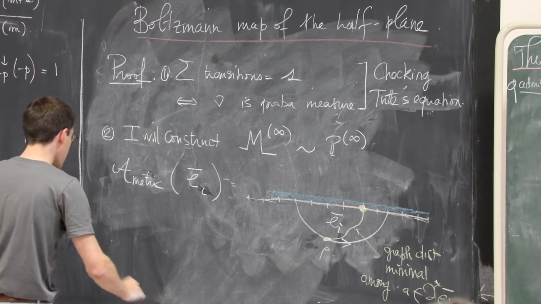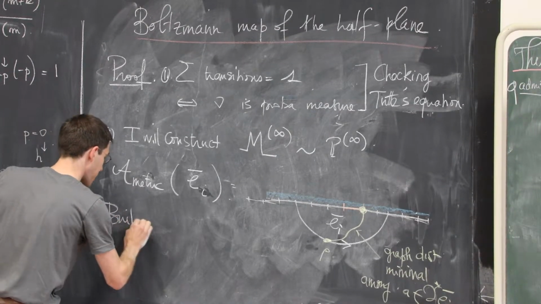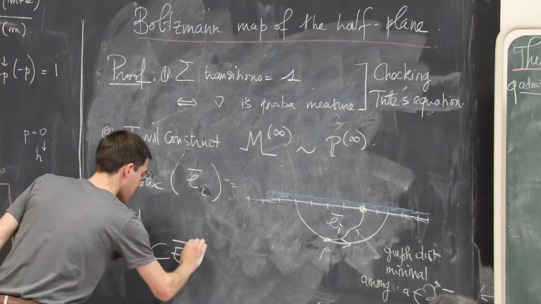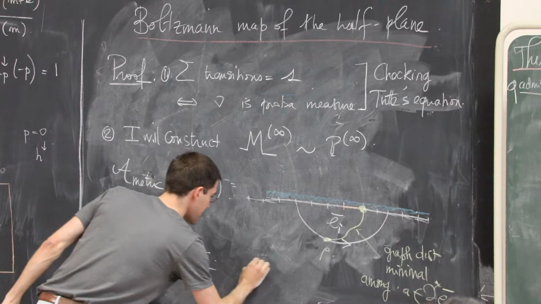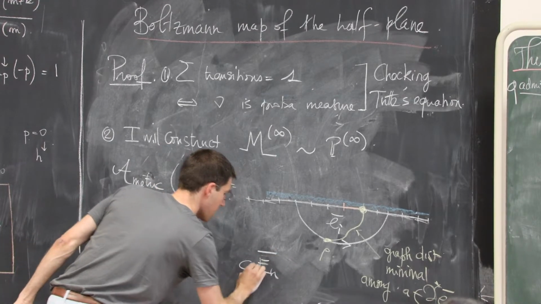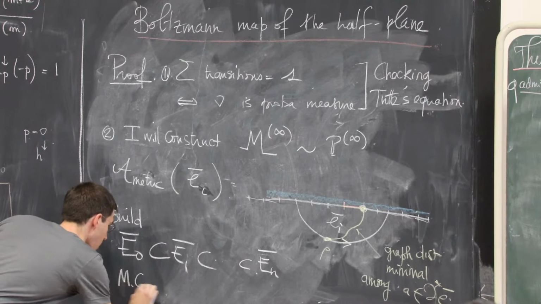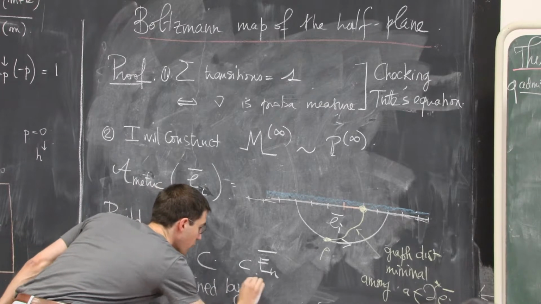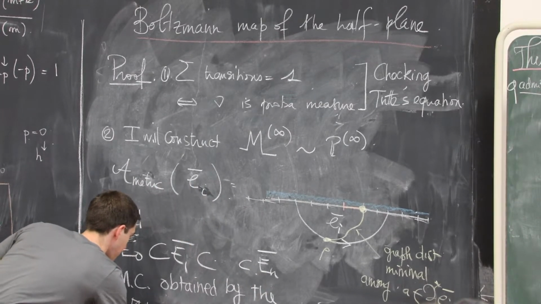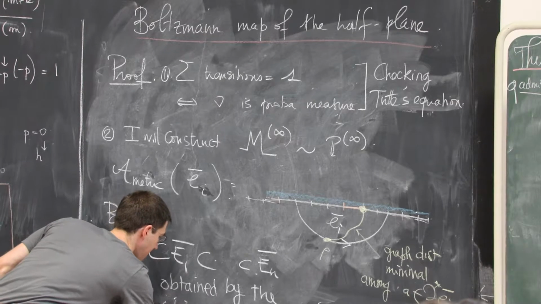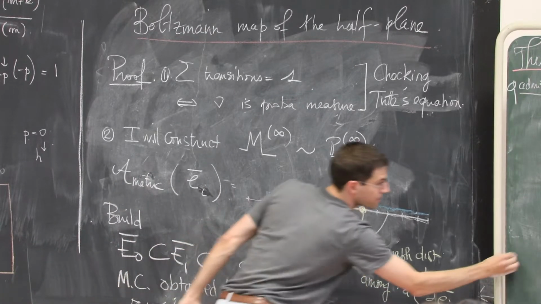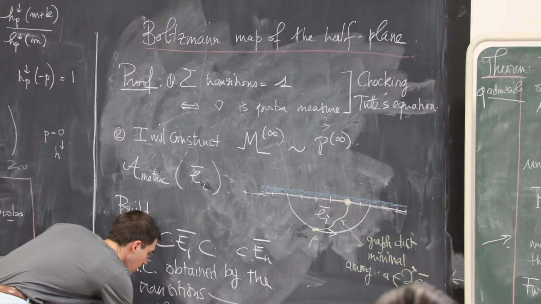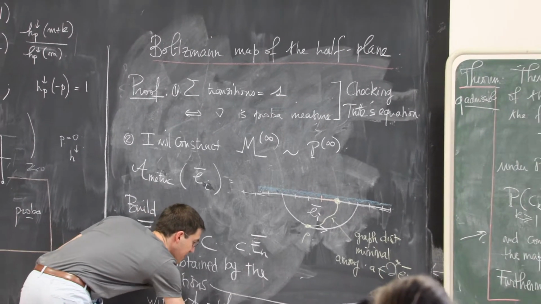And so what we will do is build a Markov chain E0, E1, and so on, En. That's a Markov chain obtained by the transitions of this board with the algorithm being A metric.